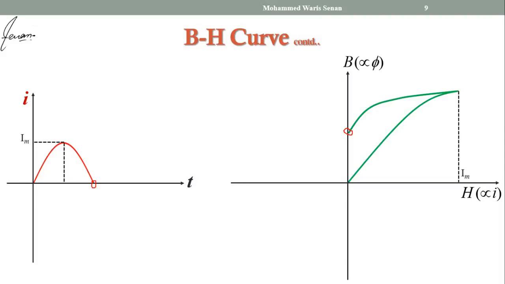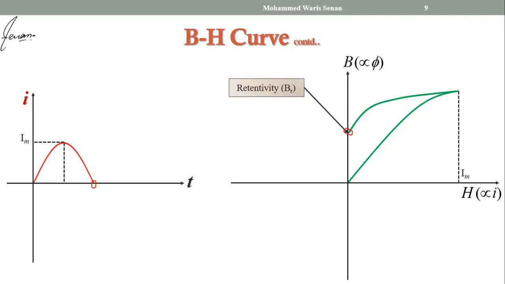Even after removal of the applied magnetic field, that magnetic material will behave as a magnet. It has a permanent magnetic field inside it. That point is called retentivity. So this is the residual magnetic field left after the removal of the applied magnetic field.